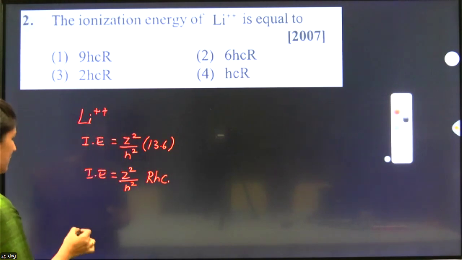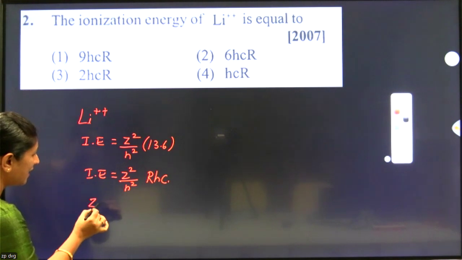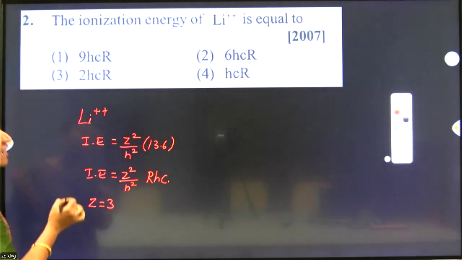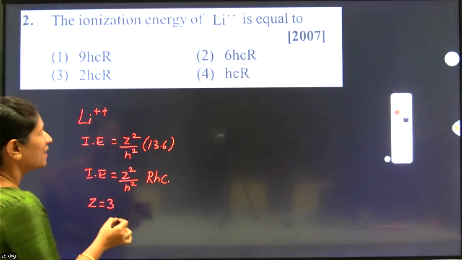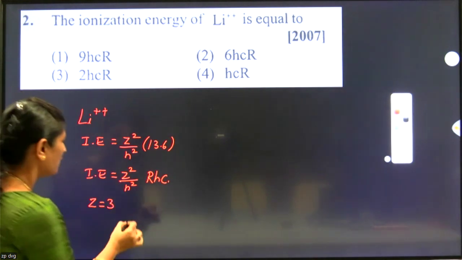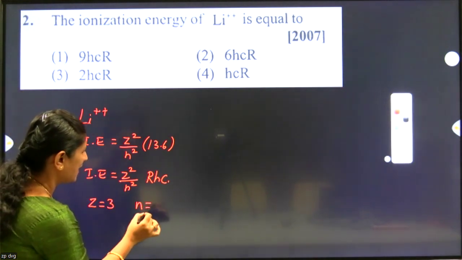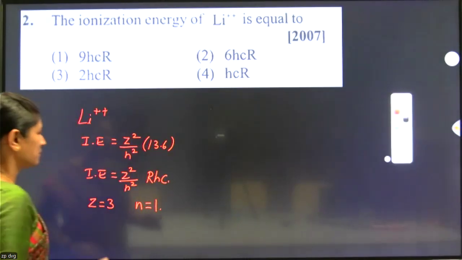For lithium, we know that Z is 3. Its atomic number is 3 and its electron lies in first orbit. That means n is equal to 1.